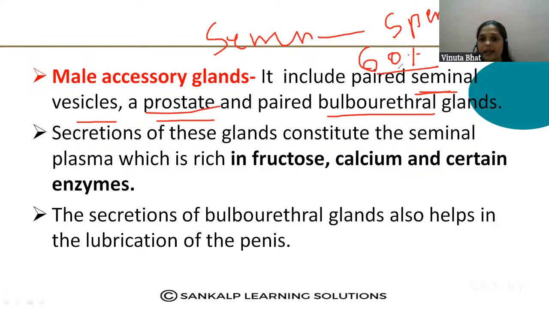The 60% fluid is secreted by the seminal vesicles. The remaining 20% is secreted by the prostate gland. Like this, these glands are helping for the transfer of the sperms into the penis.